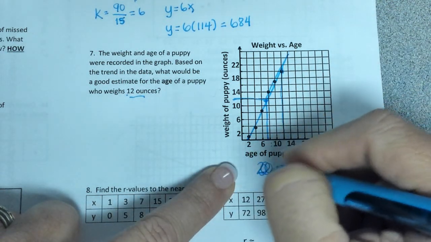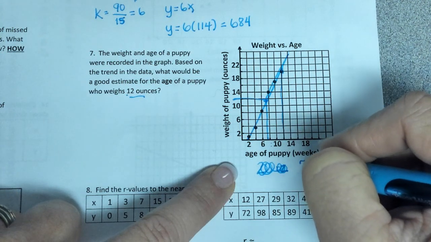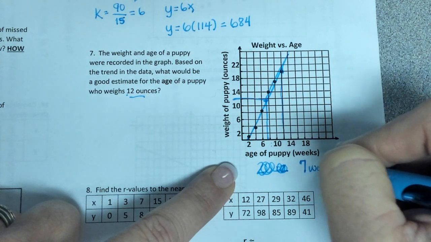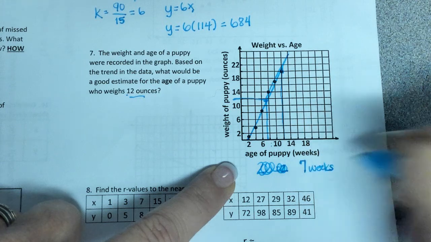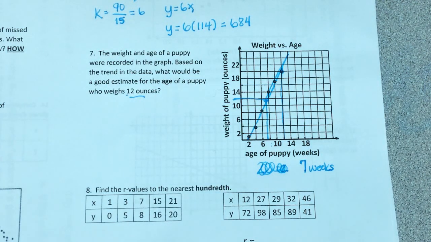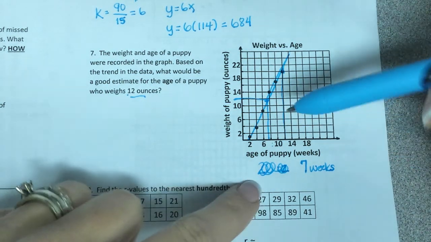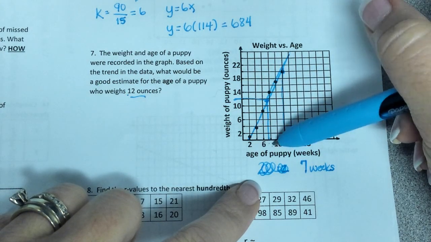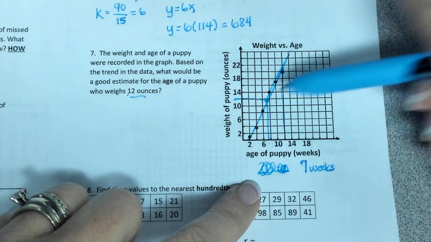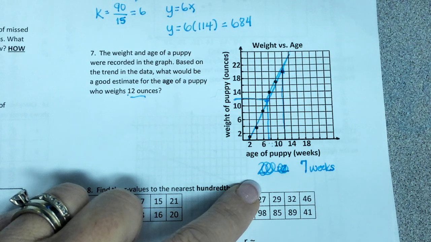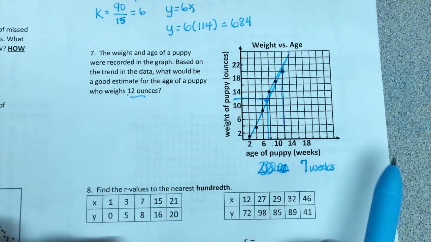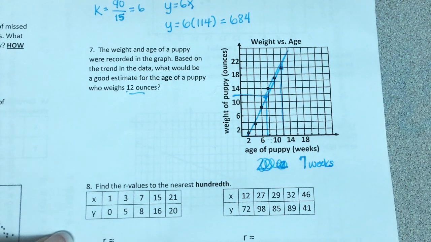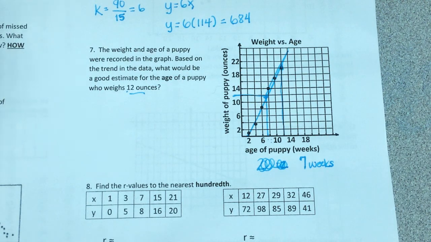So it looks like it would be about 7, right? 7 weeks. Thank you so much for correcting me. My bad. Well, I'm saying 7 because of where my trend line is at, because it's not right exactly on the 8. Sorry about that. Are y'all ready to go back to number 8?